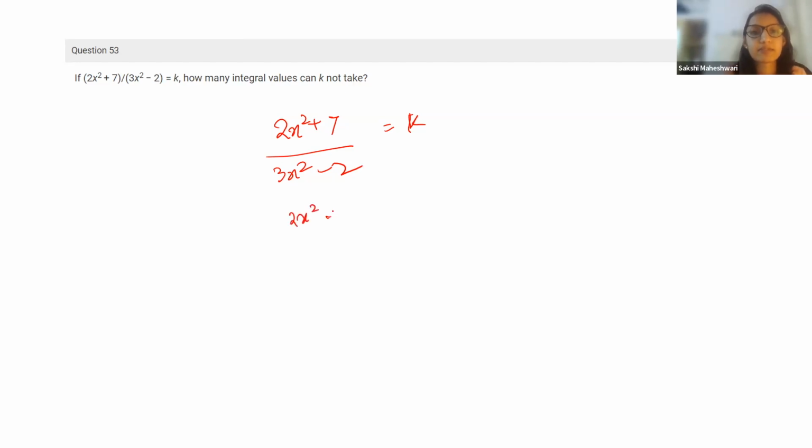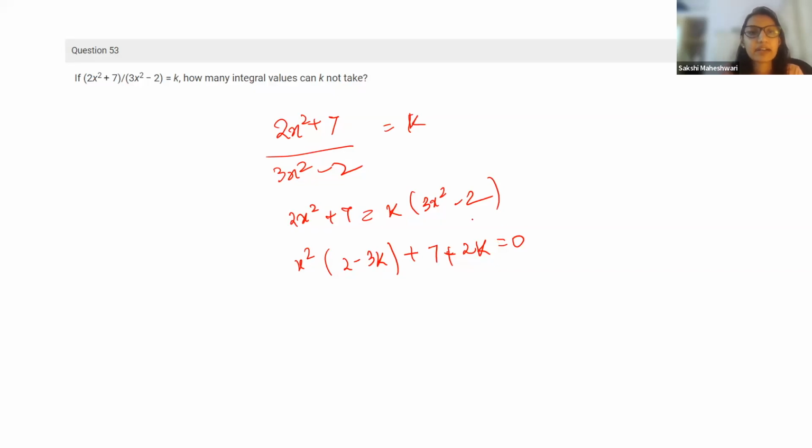So this will become 2x square plus 7 is equal to k into (3x square minus 2). And this goes to x square (2 minus 3k) plus 7 plus 2k, this is 0. And see, now for any quadratic, since k has to take integral values and x has to be real, D has to be greater than or equal to 0. So just do the b square minus 4ac.